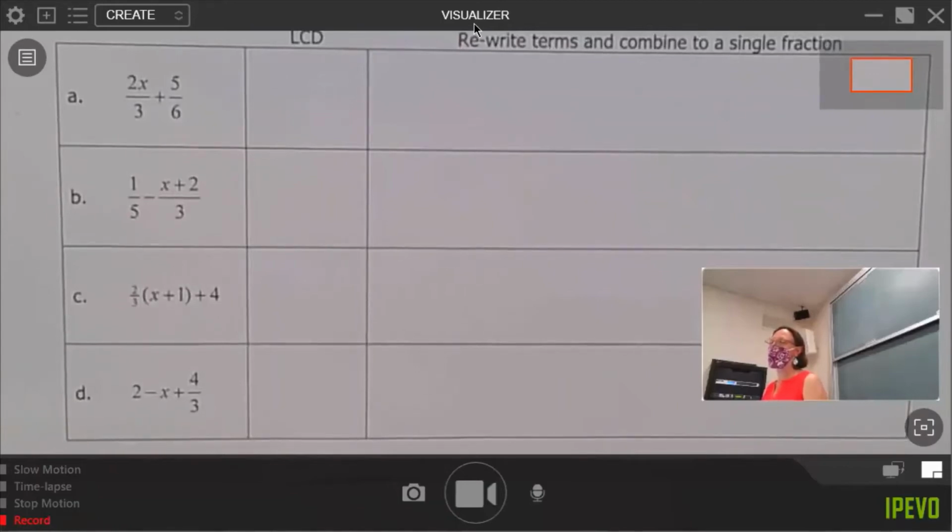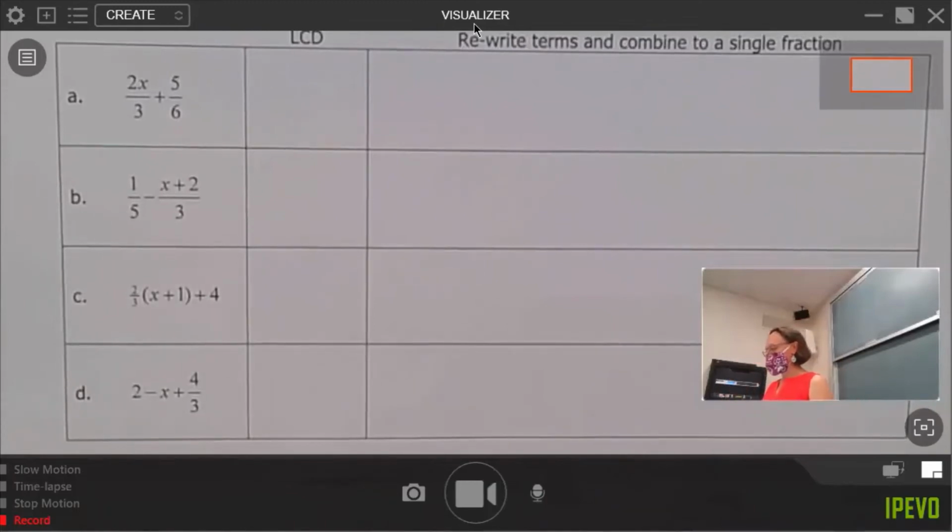Oh, there's something insightful in the Zoom chat that I definitely want to share with everybody, which is an easy way to know whether you should keep the whole number. If it's a whole number on the top, then just keep it on the top and make it 7/1. If it's a whole number on the bottom, keep it on the bottom and make it 1/3, like in that last problem. So if it's a whole number, just keep it where it was originally.